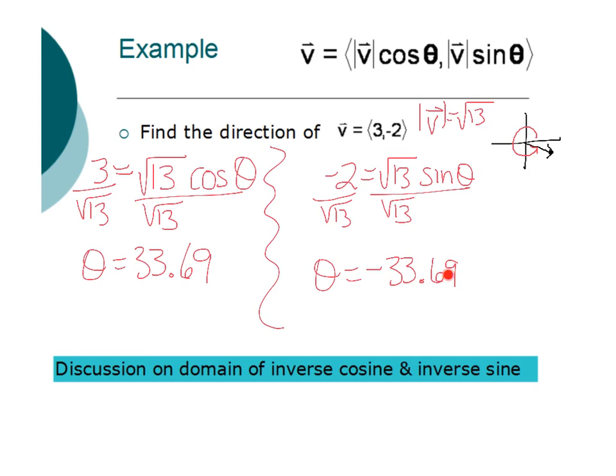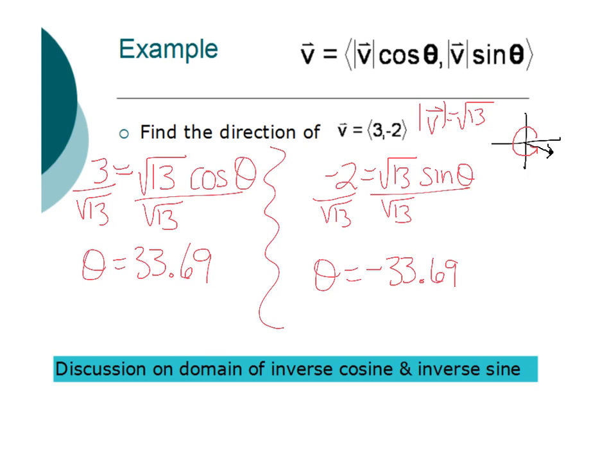So tell me, why am I getting different answers? Well, hopefully you kind of remember, because this was an issue for us when we did law of cosines. When you type in your calculator second cosine or second sine, when you're doing that inverse, we only pull from 2 quadrants.